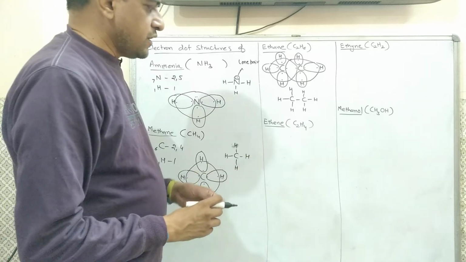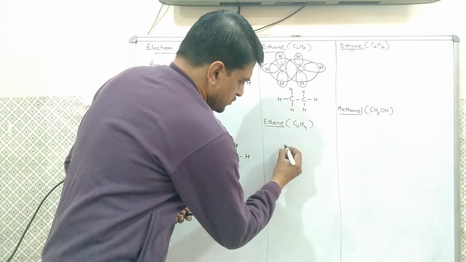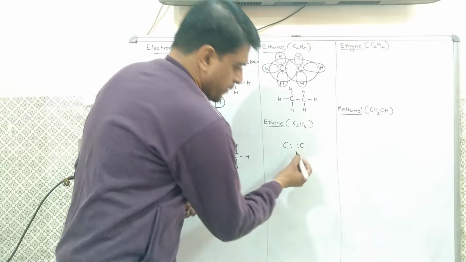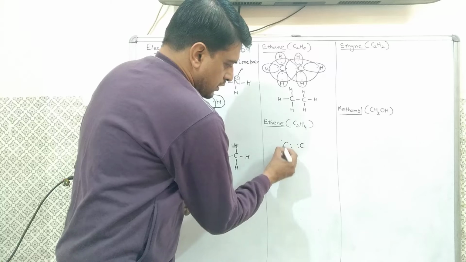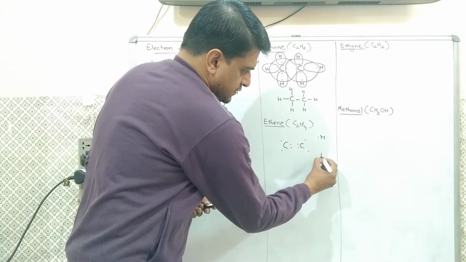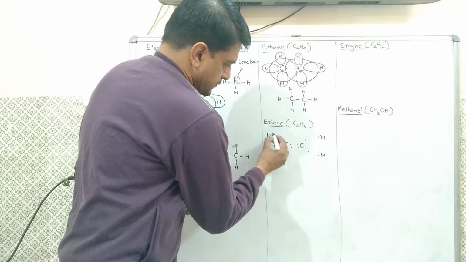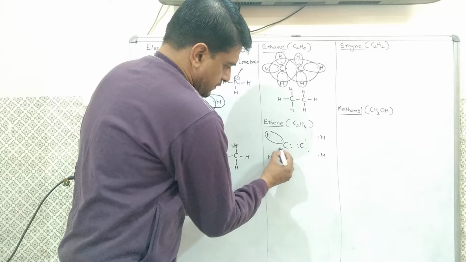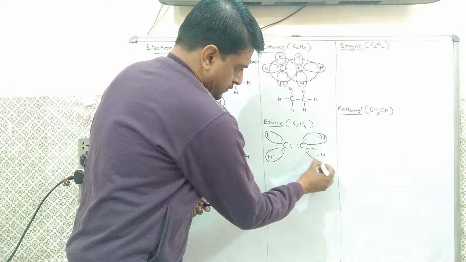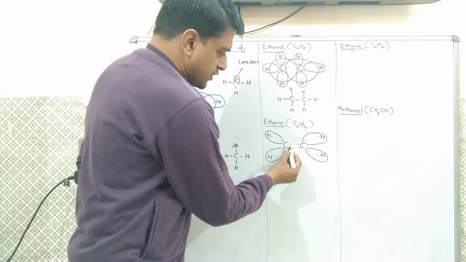Now come to ethene. Ethene must have 1 double bond between carbon-carbon. That's why these 2 carbon will share 2 pairs of electrons and 1 electron from hydrogen like this. Now each carbon will share 4 electrons.